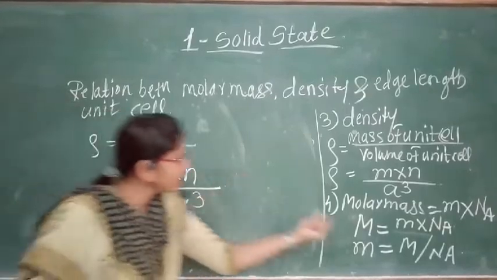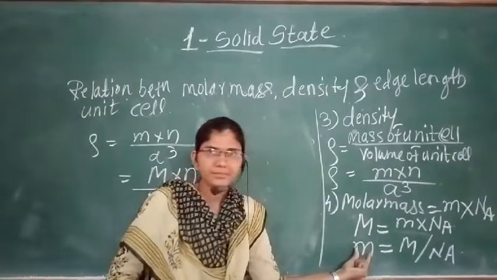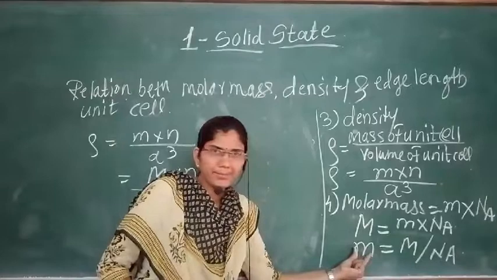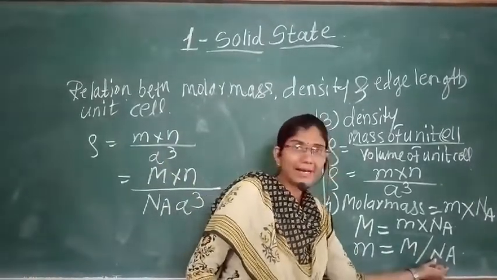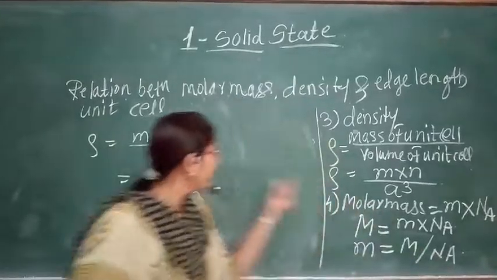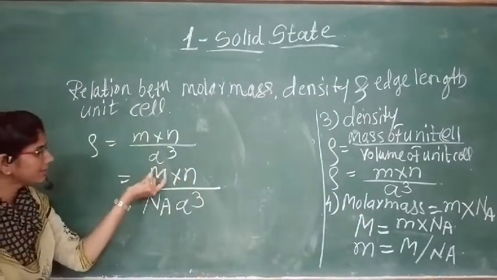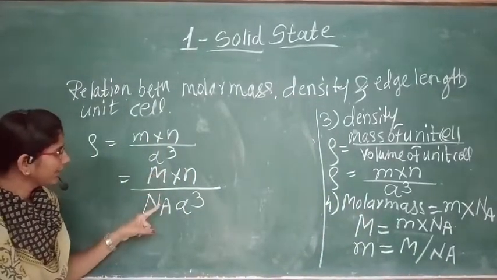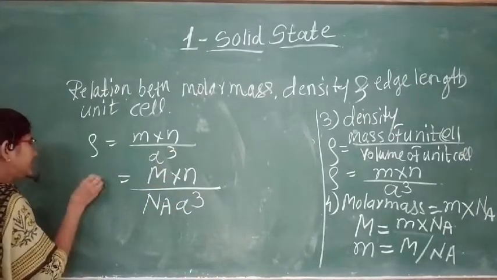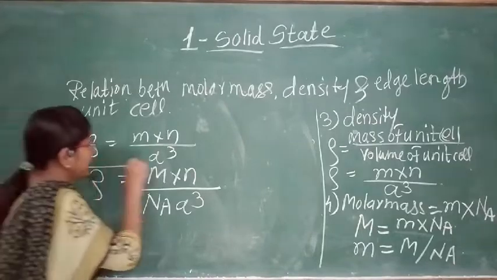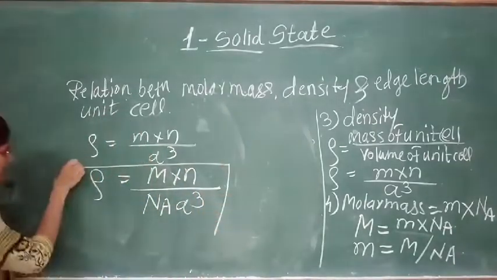If we put the value of small m, the mass of one particle, equal to molar mass divided by Avogadro's number into this equation, with n and A cube as they are, this gives the density of a unit cell.